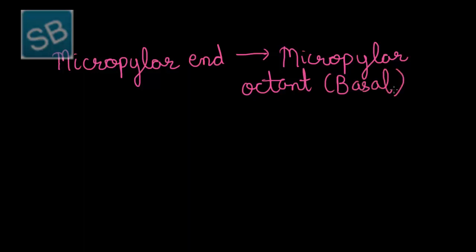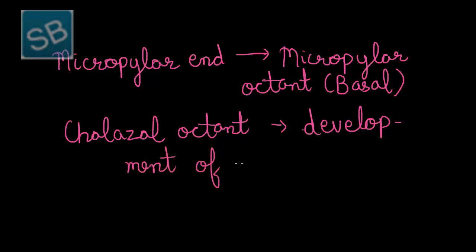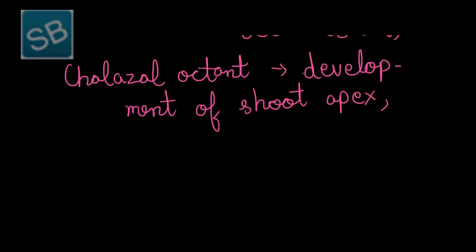Now various structures like plumule and radicle develop out of these octants. The chalazal octant helps in the development of shoot apex, epicotyl region and plumule. That is the region from where shoot develops.